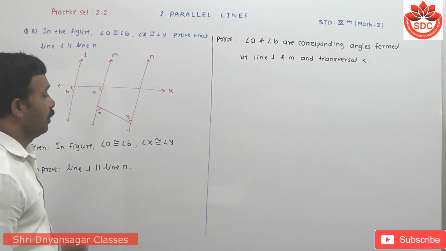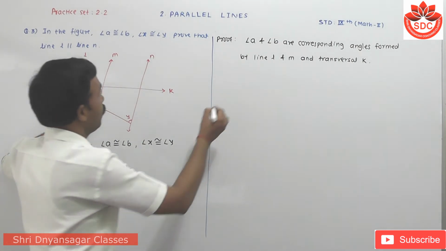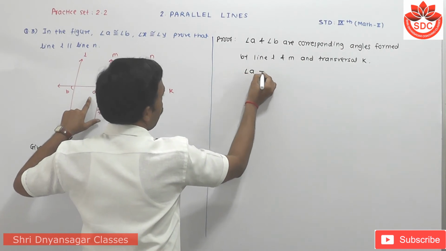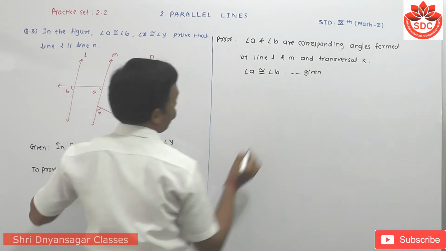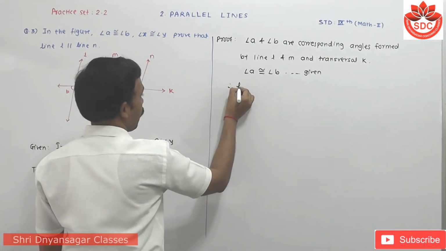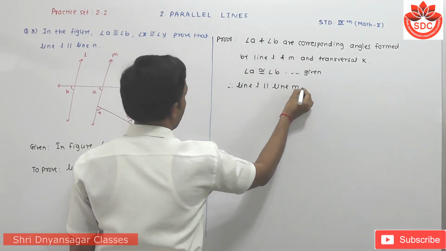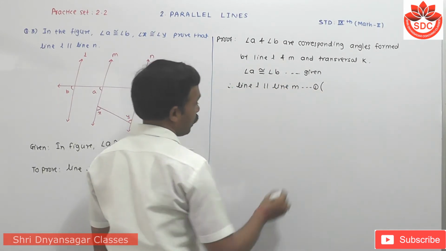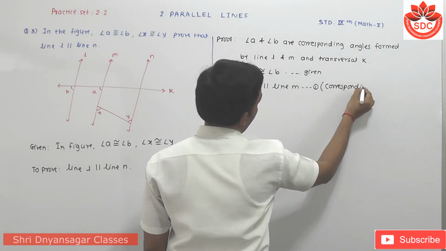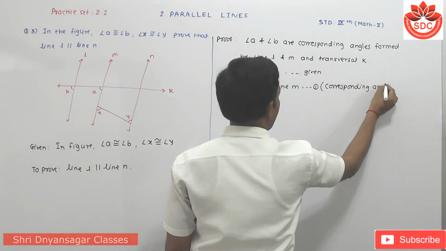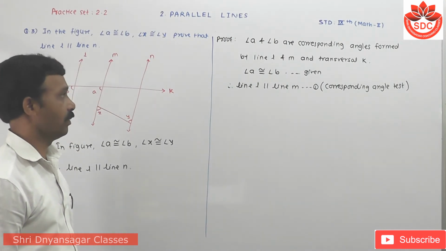Okay. Then these two angles are also congruent, given here. Angle A is congruent with angle B, which is given. Therefore, this line L is parallel with line M. Suppose this is equation first, and the reason is that by using the corresponding angle test of parallel lines.